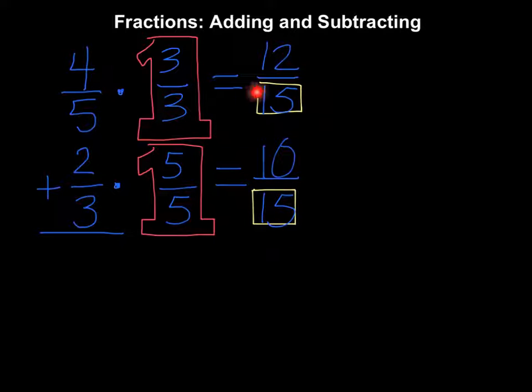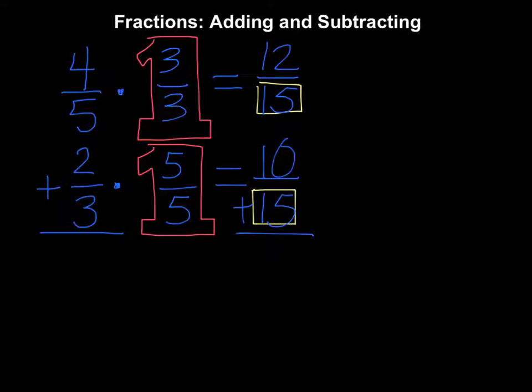So, same denominator here, same denominator there. 12/15 is the same as 4/5, and 10/15 is the same as 2/3. So this problem right here, if I go ahead and add it up, will be the same as this problem right here. Now that we have the same denominator, we can go ahead and add.